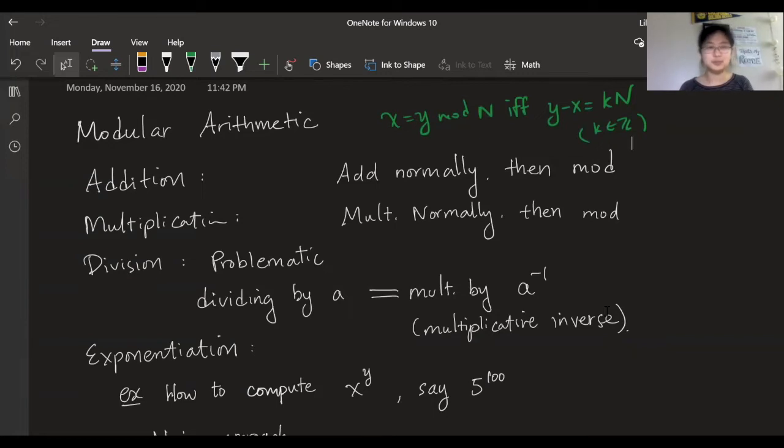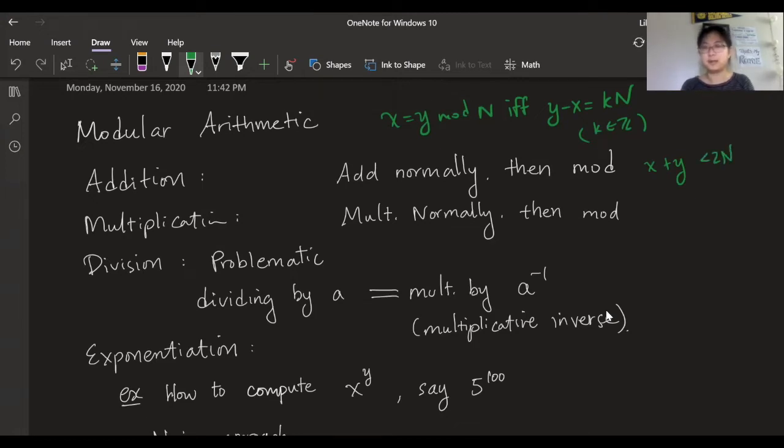How do you do addition in modular arithmetic? Well, you might be saying you just add normally and then mod. And that's perfectly right. So you add normally, and then you shave off copies of n until you get something that's smaller than n. And this is an okay thing to do, because if I take two numbers x and y, both of which are mod n, so both of them are smaller than n, when I add them, even normally, I'm going to get something that's smaller than 2 times n.